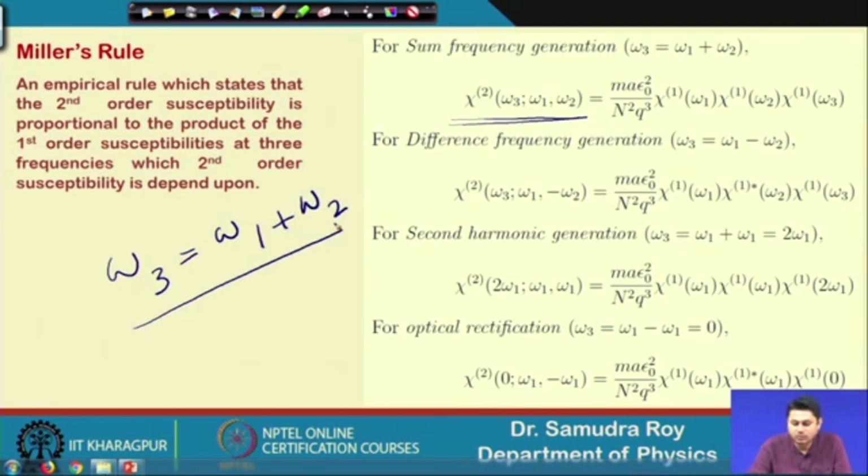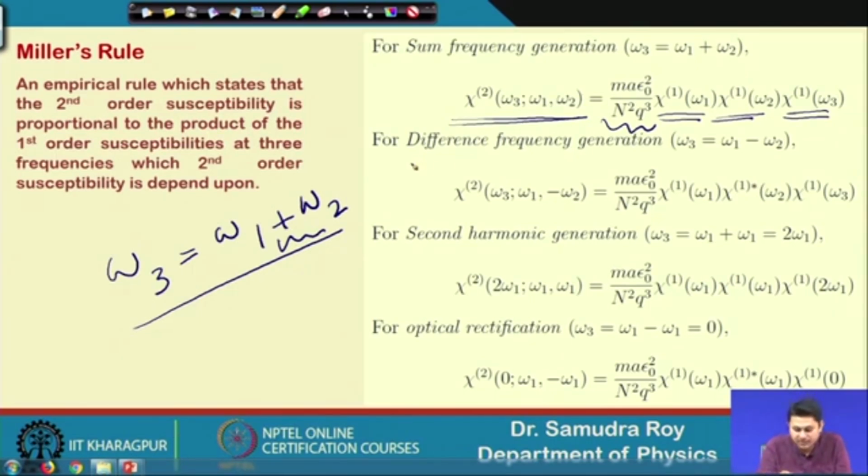Then according to Miller's rule, this constant coefficient will be the same, which is called the Miller's coefficient, and then susceptibility at omega 1, susceptibility at omega 2 and susceptibility at omega 3 will be there. Mind it, since I am working with the plus of omega 2, there is no star sign here, which was there in the difference frequency generation.